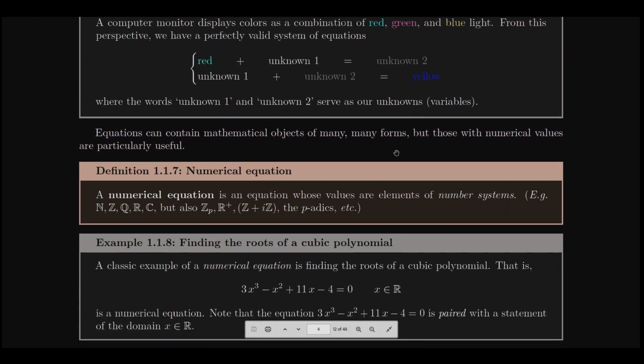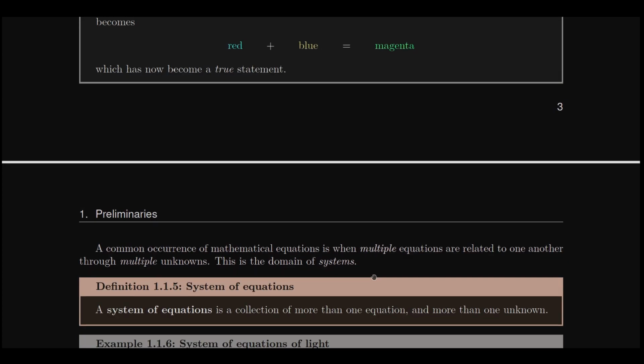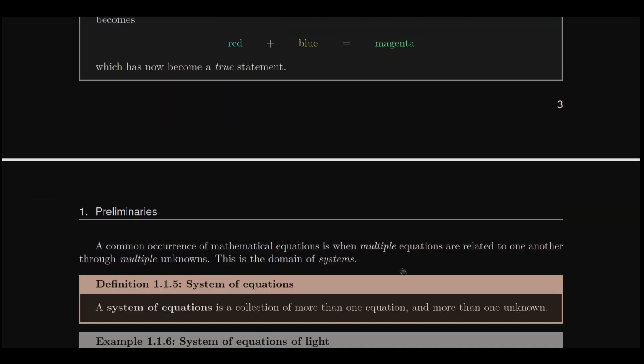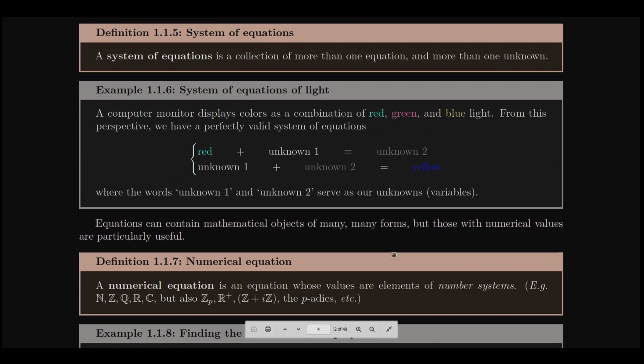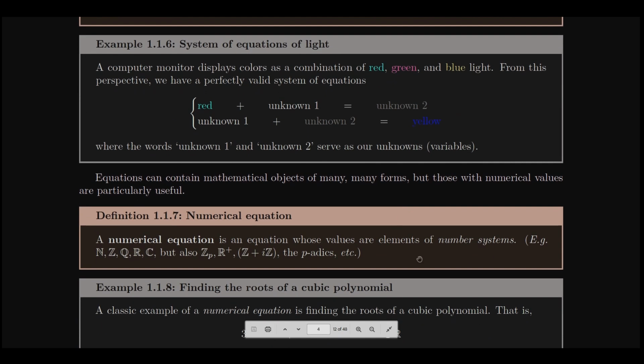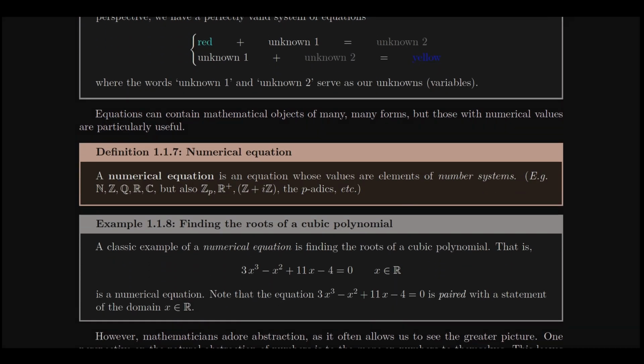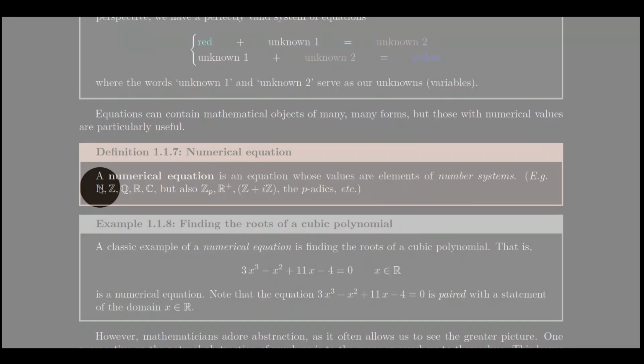Now it's important to note that we weren't defining these equations numerically, right? I think the point that I had when I came up with these examples was that equations don't have to have numerical values on either side. They're useful when they do, but they don't have to. But once they do have numerical values, we call them numerical equations. So a numerical equation is any equation whose values are elements of number systems. Here's a great collection of number systems. We've got the naturals, the integers, the rationals, the reals, the complex numbers.